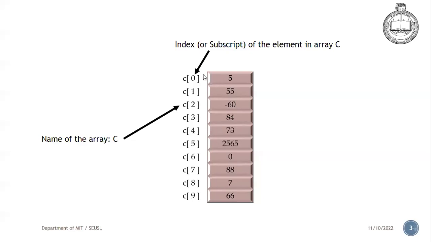And there should be a way to access the particular elements or the data. So that's how we are doing it. We will be assigning an index to them. And you should always remember that the index will always start from 0. Okay, so I'll move to the next slide.